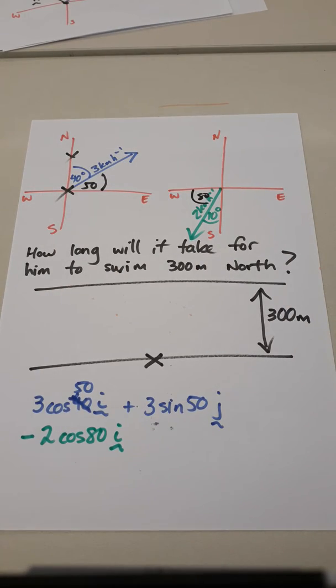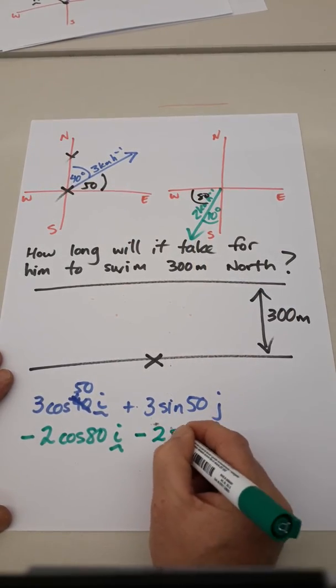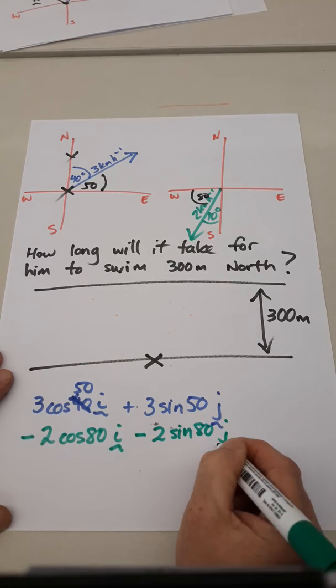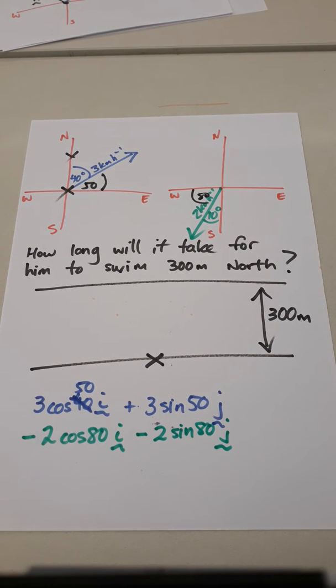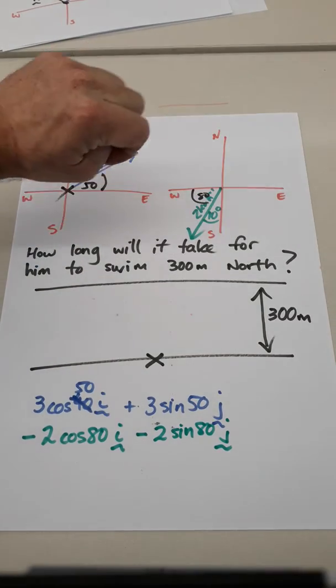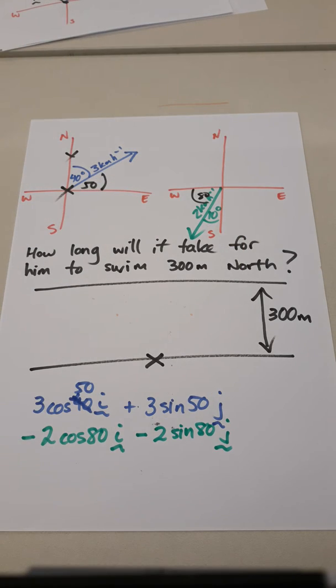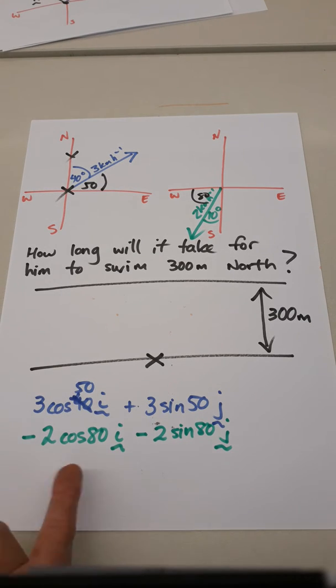So it's negative 2 cos 80i. And it's also down, so it's negative 2 sine 80j. But if you used the angle of 10, well then this would be sine of 10 and this would be cos of 10. You'd still get the same thing because we know that cos 10 and sine 80 are the same and sine 10 and cos 80 are the same.